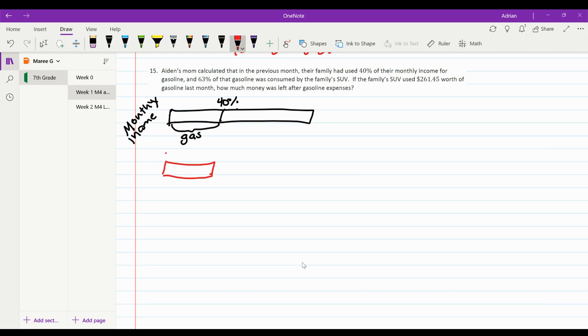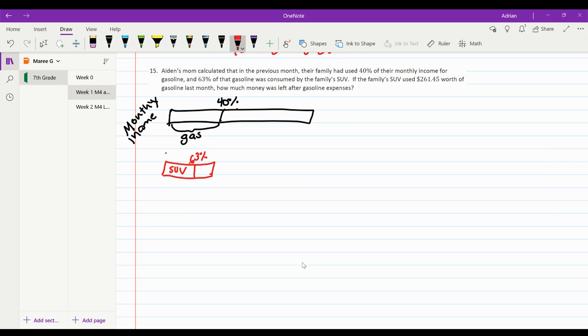So 63% of that gasoline was taken by the family's SUV. So this is 50% right there. A little bit more than 50 is 63. So there I have 63% of the gas is the SUV.